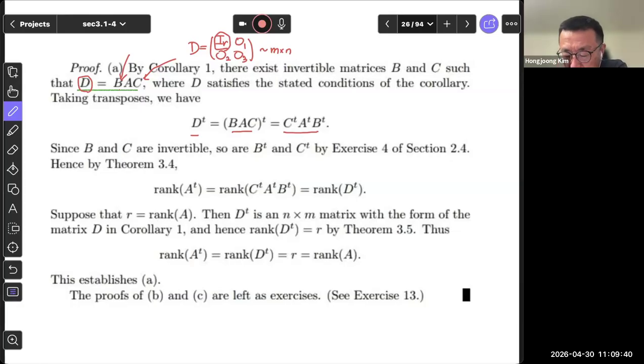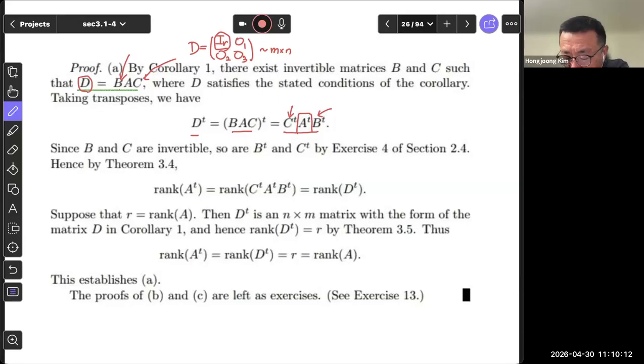Right? Then, what is the meaning of this? Given A transpose, if I multiply by some invertible matrix, C transpose will be invertible because C is invertible. And if I multiply by B transpose from the right, then this B transpose is invertible. Okay?